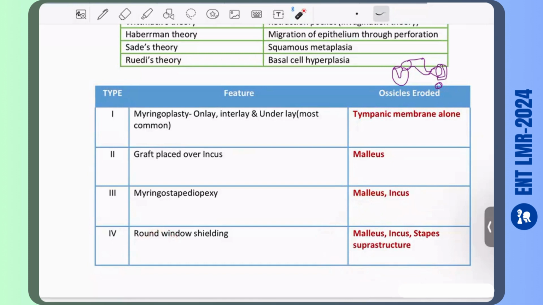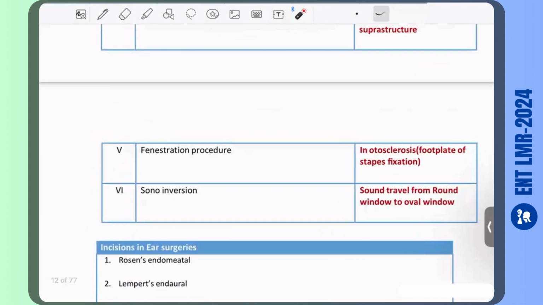In otosclerosis, we will do type 5 tympanoplasty, called the fenestration procedure. Sound travels from the round window to the oval window instead of from the oval window to the round window, which is called sound inversion. Types 5 and 6 are very rarely done. Type 6 is a hypothetical concept.